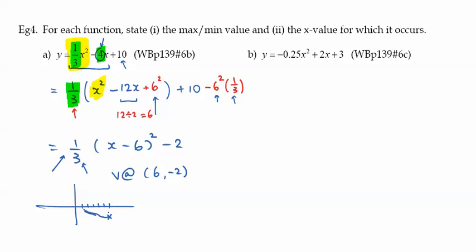I'm expecting a parabola that looks like this, giving us a minimum point with y equals negative 2, as this is the y coordinate of the vertex. And the x value at this point is x equals 6.